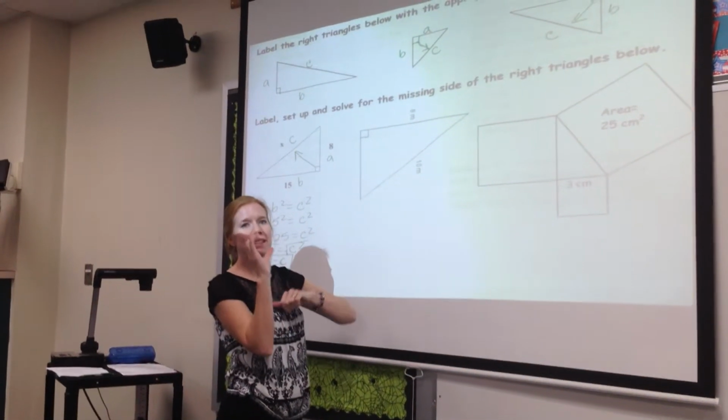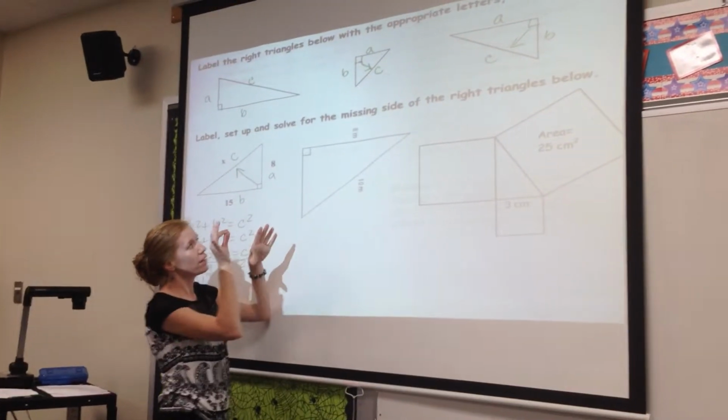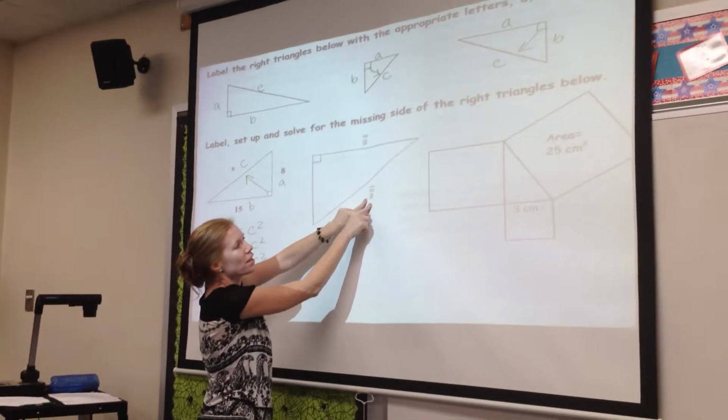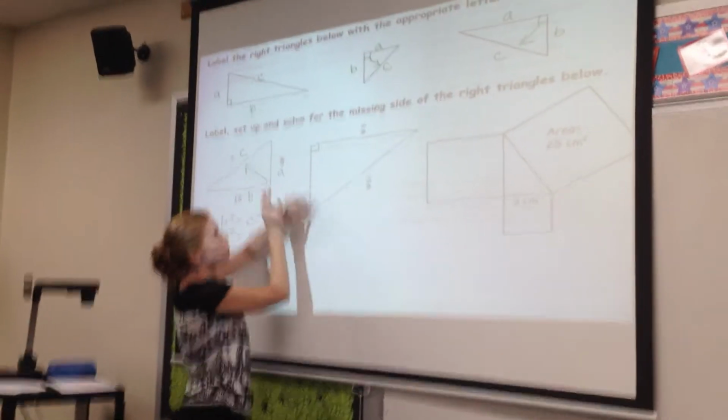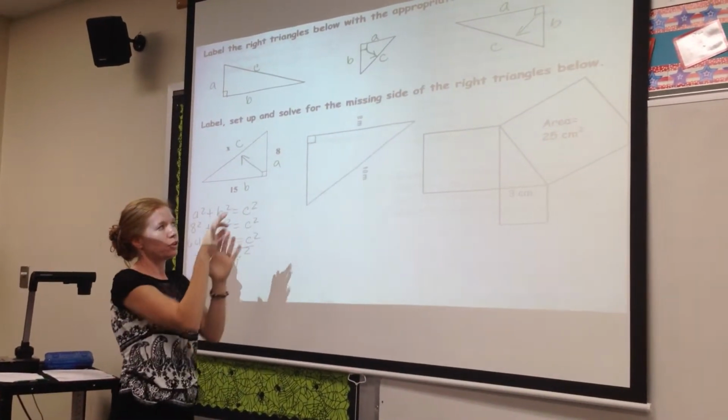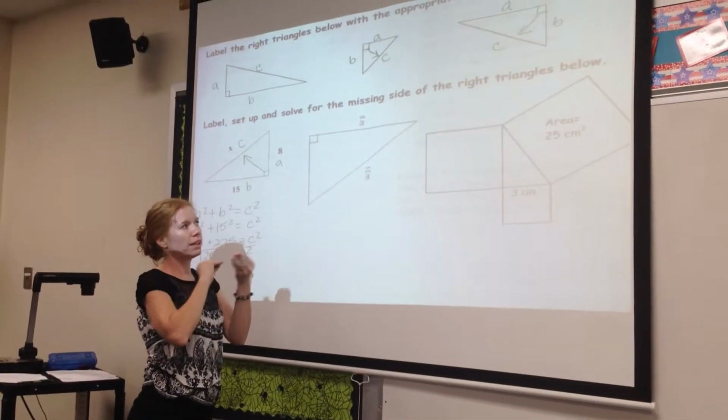First I need to find where is C. Again, I'm going to look and find the right angle. Go opposite of that. So this is C. I'm going to use this for B and A up here. Then I'm going to put down the formula and put in my numbers.